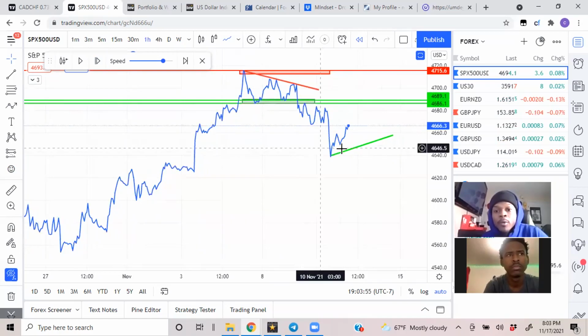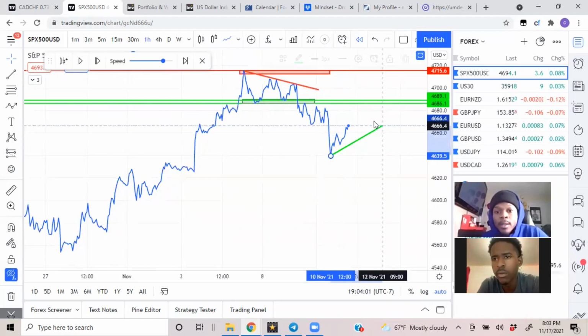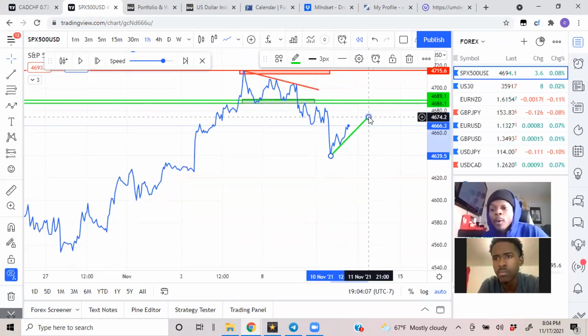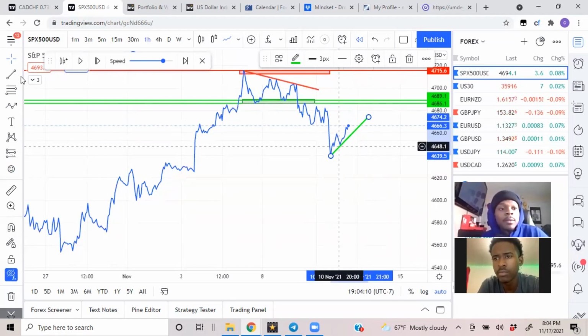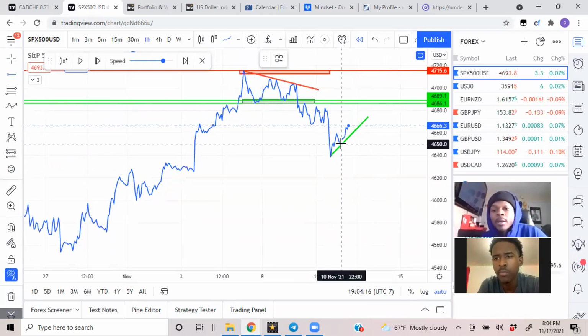Boom. We create another low point. So here, the market has now created another swing low. But where is this low point? It comes right here. But we see that it is higher than this one.